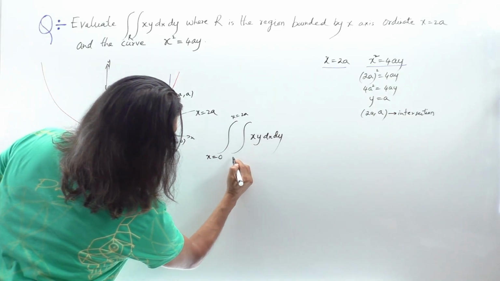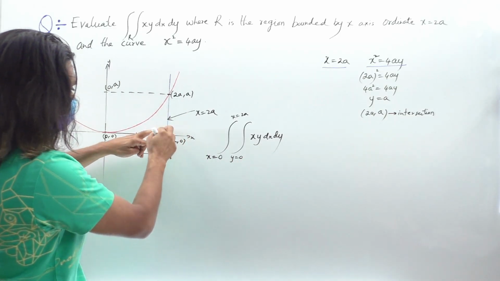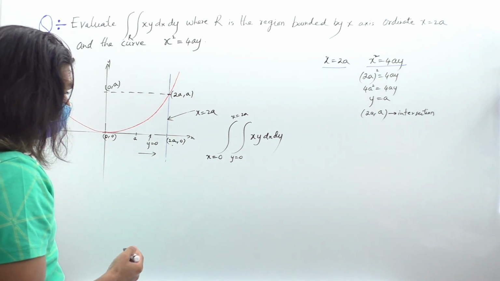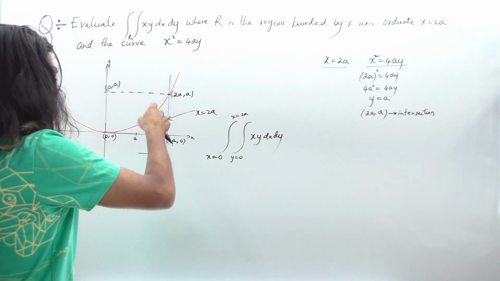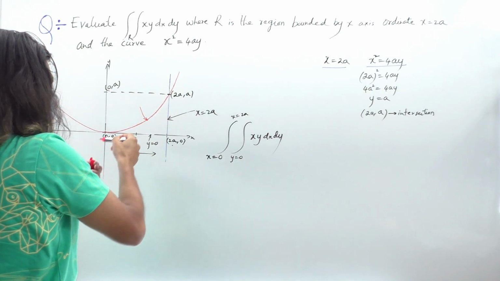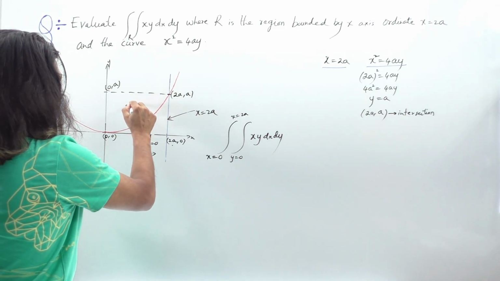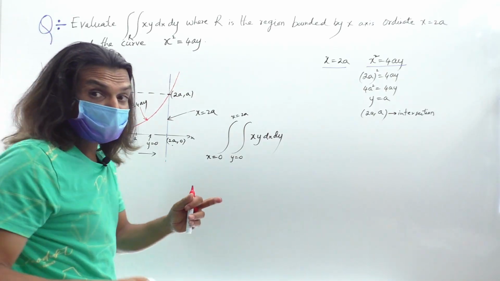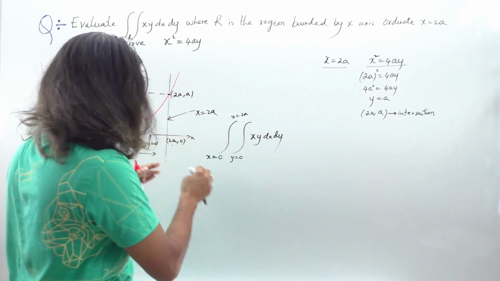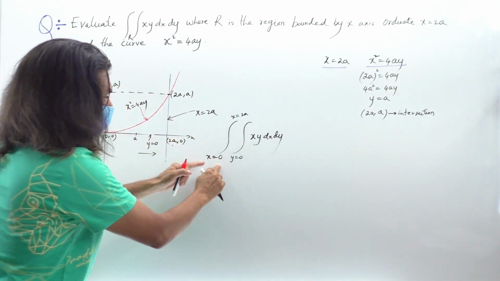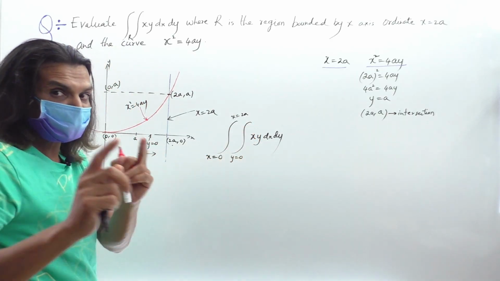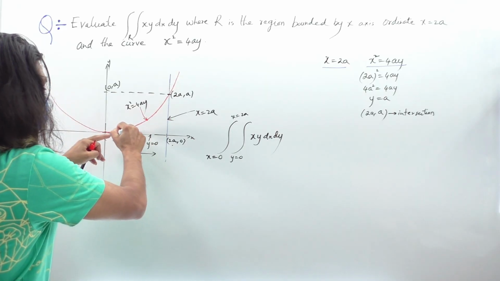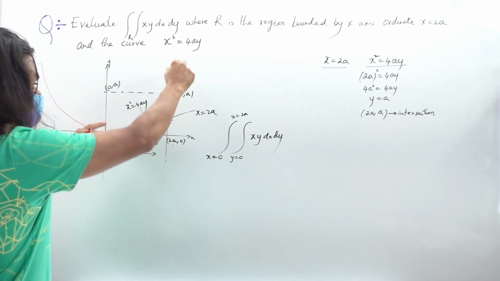This is what line? y is equal to 0. And who covers it? The parabola. This is my line x is equal to 2a, and the parabola is x square is equal to 4ay. That means the equation in terms of y. See, go like this: x is 0 to 2a, and with the constant outside, inside y is 0 to the parabola that covers this whole graph, x square is equal to 4ay.